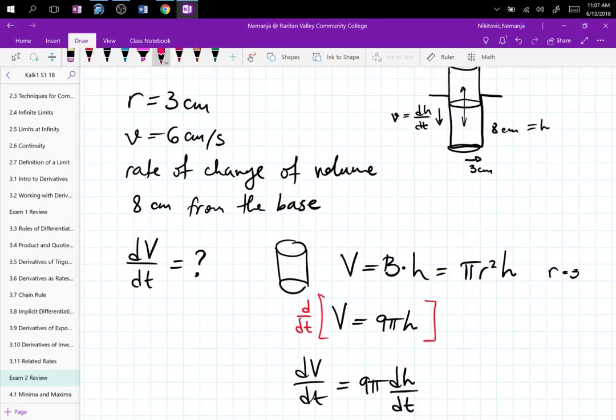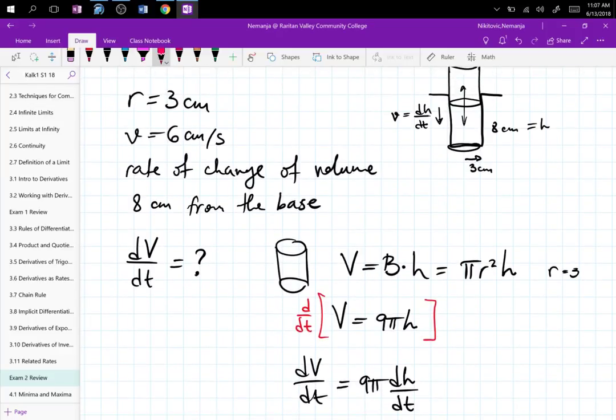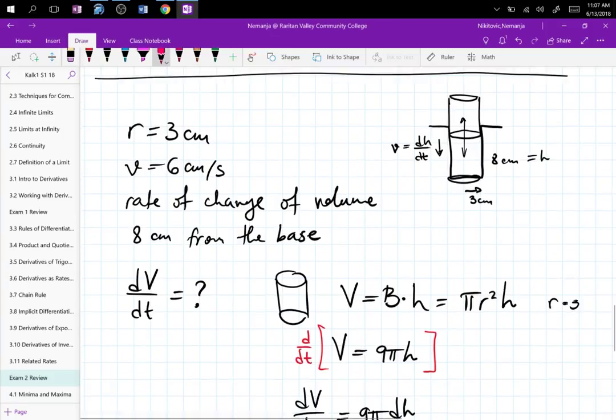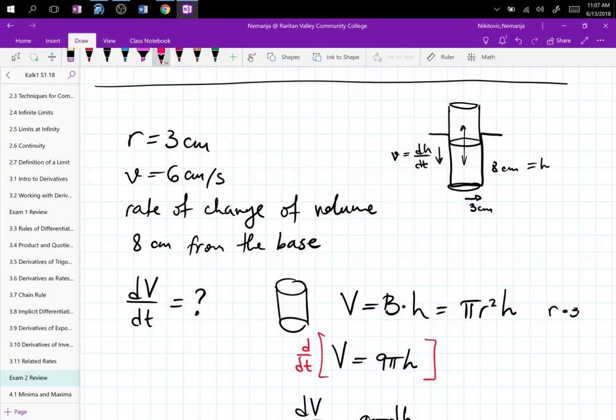Now, I'm really puzzled why they gave us 8 centimeters from the base. I haven't used it anywhere. Maybe to throw me off, but as you can see, the cylinder is there. We have the velocity.